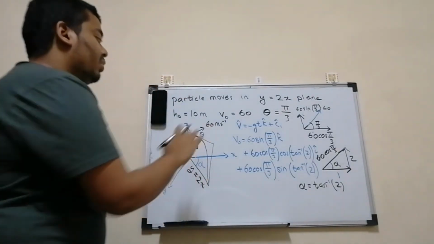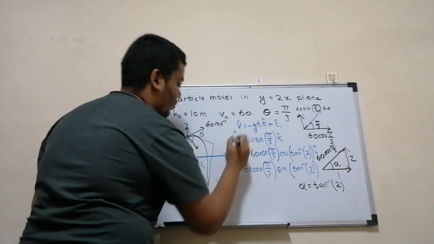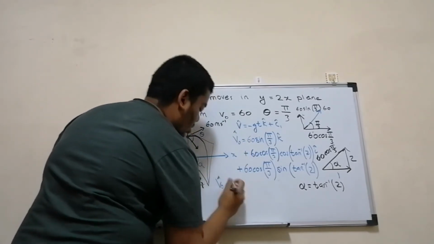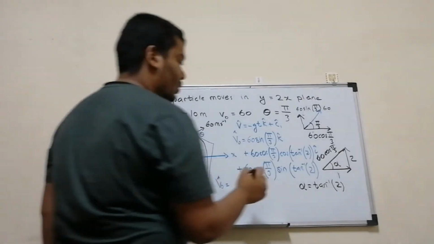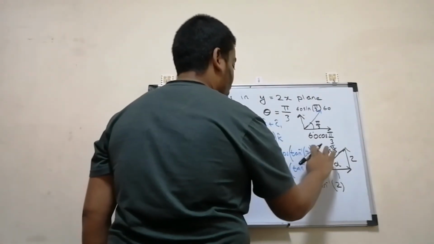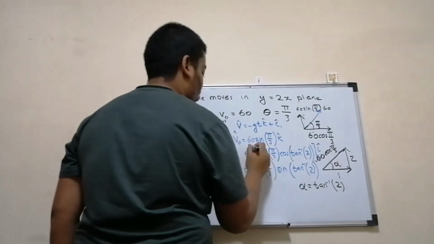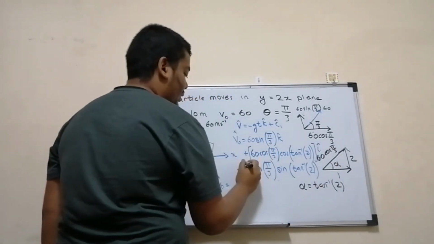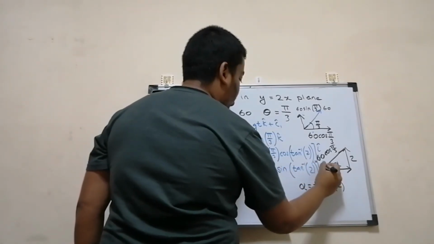Let's simplify the initial velocity vector and write it down. This entire thing is the I component, and this entire thing is the J component.